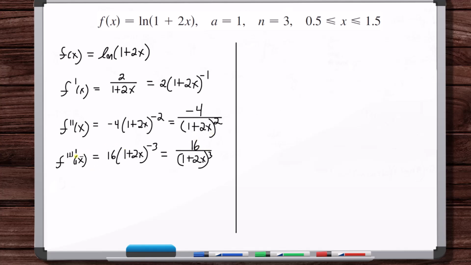Okay, so now the third derivative is enough to get us to the third degree term, but we want to go at least one derivative more than that for Taylor's inequality. So the fourth derivative is, 16 times minus 3 is minus 48, but then we're going to get a 2 from the chain rule. 48 times 2, that's 80 plus 16. That's 96, so minus 96 times 1 plus 2x to the minus 4.